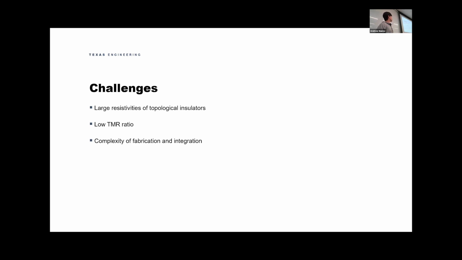But as shown previously with our topological insulator MTJ, it was only 100%, although DFT calculations have predicted higher possible values. And also the complexity of fabrication and integration for topological insulators specifically, because a lot of these materials have complex crystalline structures, the reliance on MBE growth right now poses a lot of problems with integration at a more industrial level.